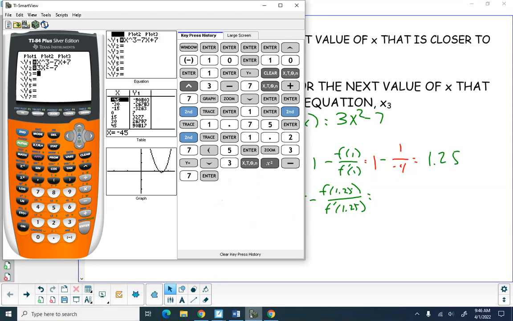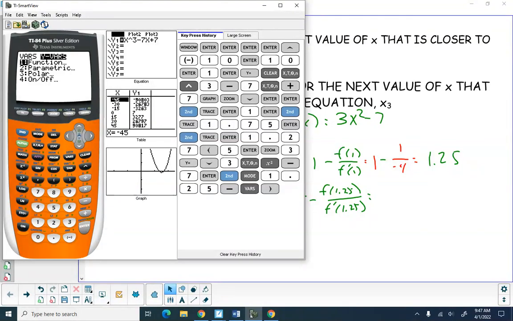We have y1 and y2. Let's quit out of this. Let's get our 1.25 minus. Now what we want to do is evaluate our functions at 1.25. If we go to our vars button, which is right beside the clear, your y vars is your y variable.